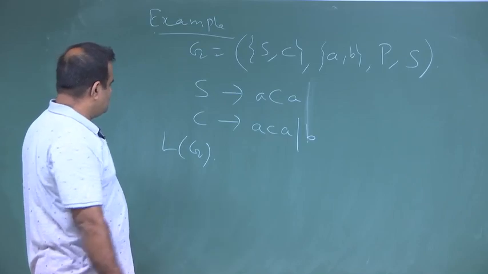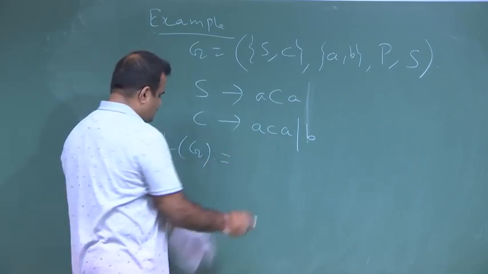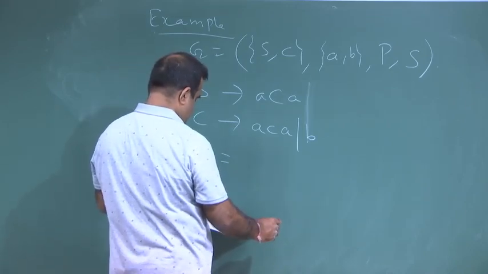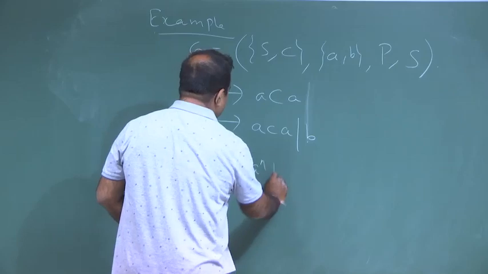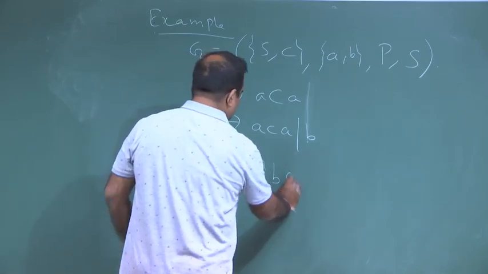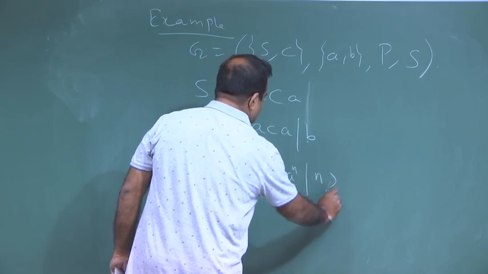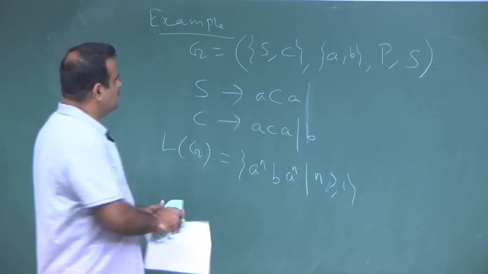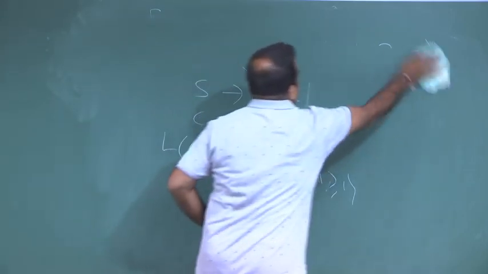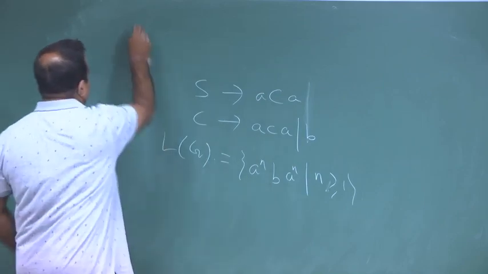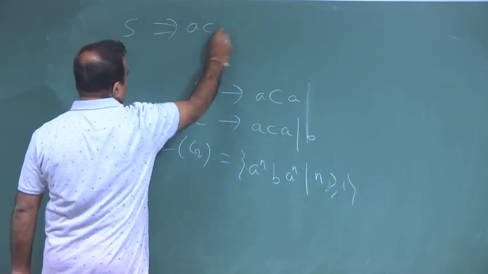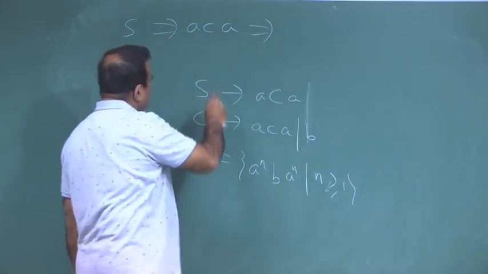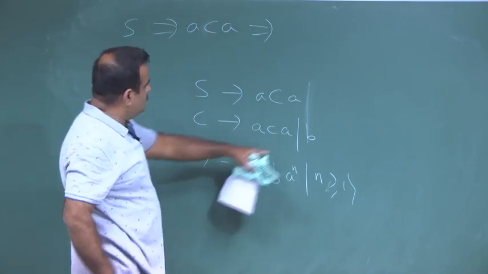Now, we can exercise this, and my claim is L of G will be a to the power n, b, a to the power n, where n is greater than 0. Okay, now from S we have to start with this. So, from S we can go to C, no doubt, there is only one option. Now, from C, if we go to B, there are two options.